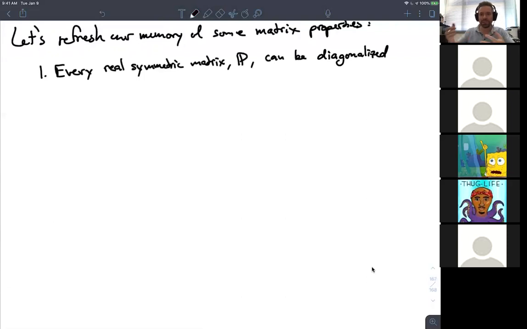When you diagonalize it, you get a resulting diagonal matrix that I'm going to call D. The way that you get this is through what's called a similarity transformation.